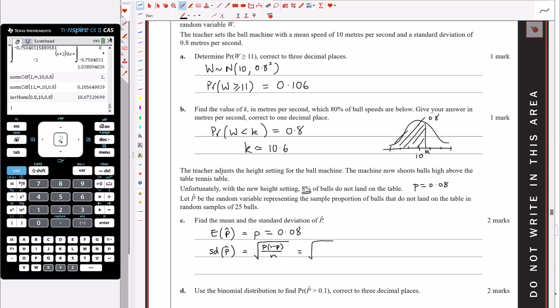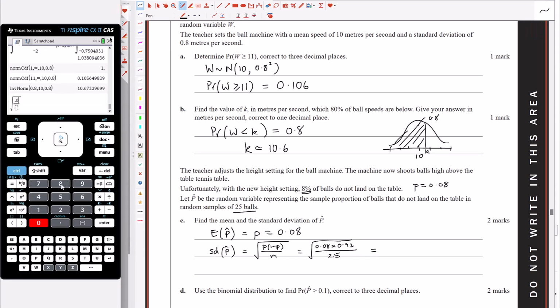So in this case, that is the square root of 0.08 times 0.92 over n. We shot 25 balls. Square root of 0.08 times 0.92 over 25.